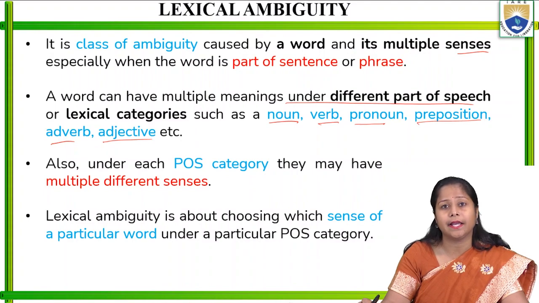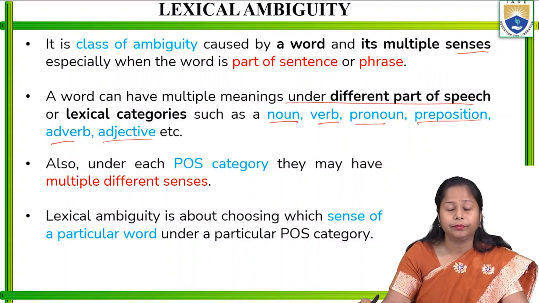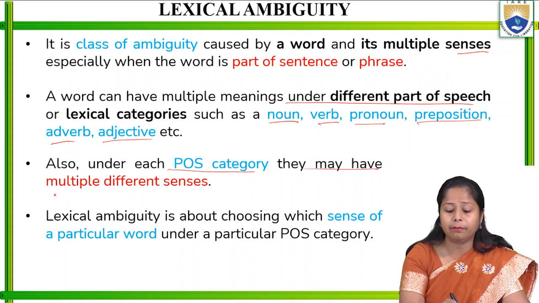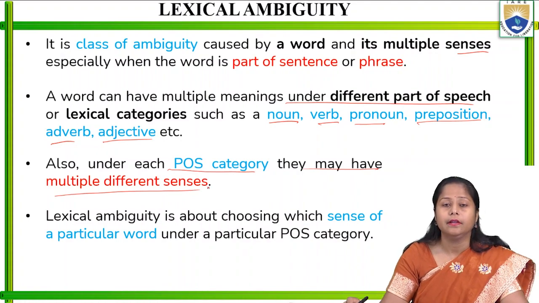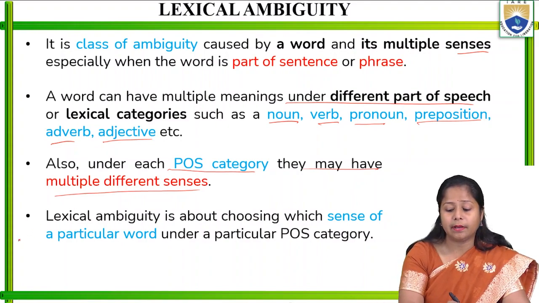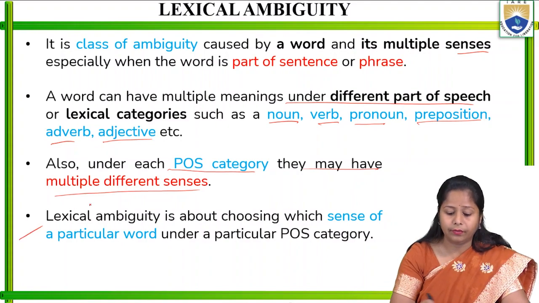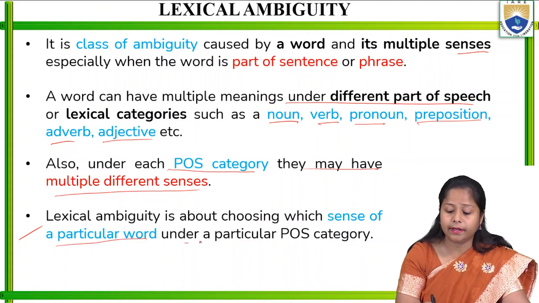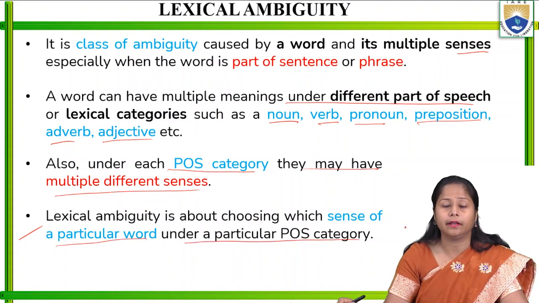So likewise the segregation will be carried out. Also, under each POS tagging category, there may be multiple different sentences. Although the same POS tag has been used, it has a different meaning in different sentences, with the context. Lexical ambiguity is about choosing which sense of a particular word under a particular POS category.